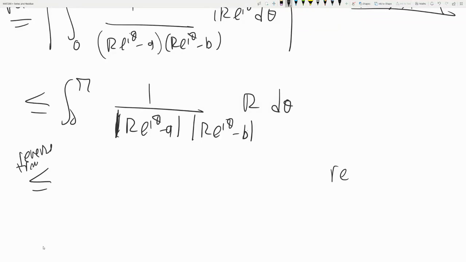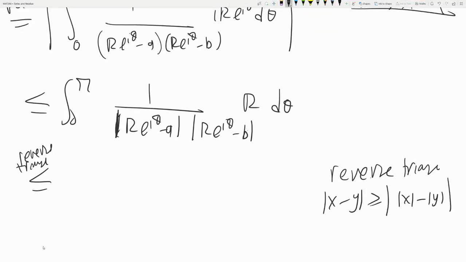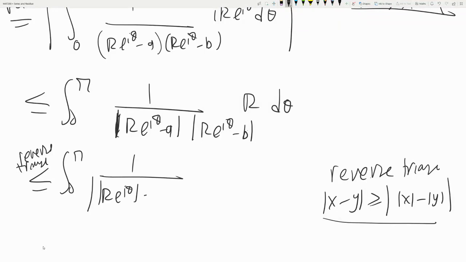What is the reverse triangle inequality? It says that the norm of x minus y is at least the norm of x minus the norm of y. That's the reverse triangle inequality. Okay, good. But now this is reciprocal, so it's an upper bound. Is that okay?